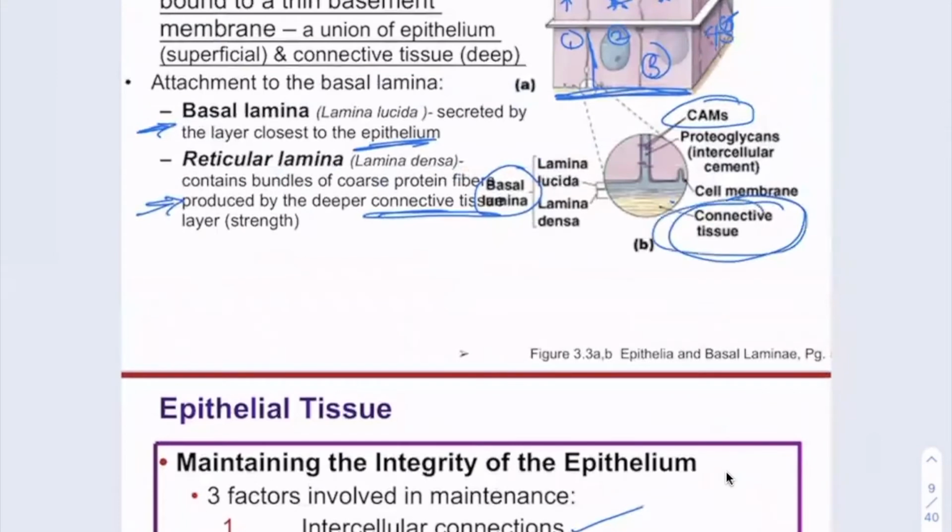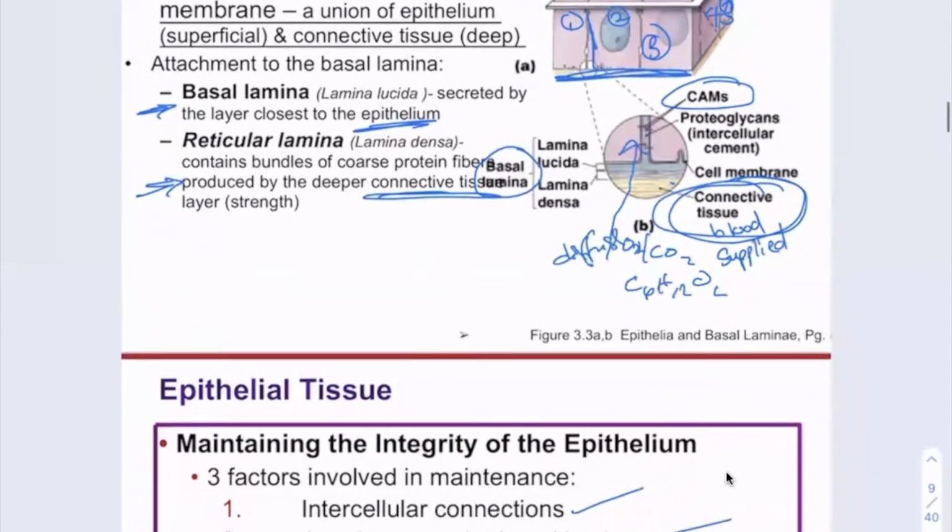So here has blood flow, right? So the blood supply is down here. And oxygen and CO2 and nutrients have to diffuse up in order for cells to get nutrients.